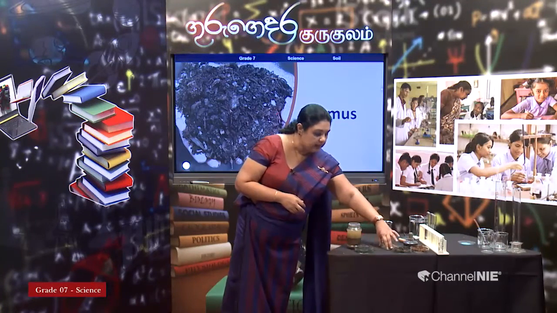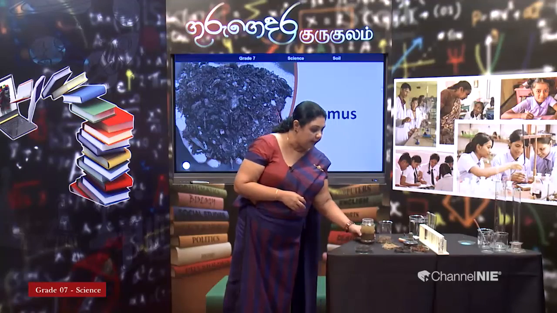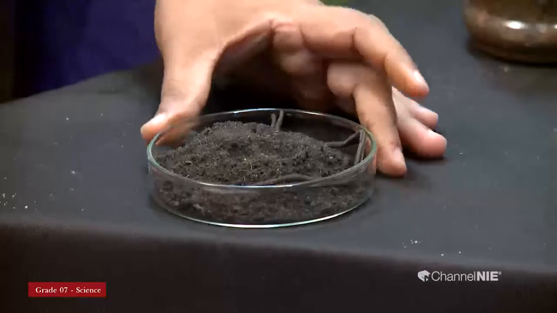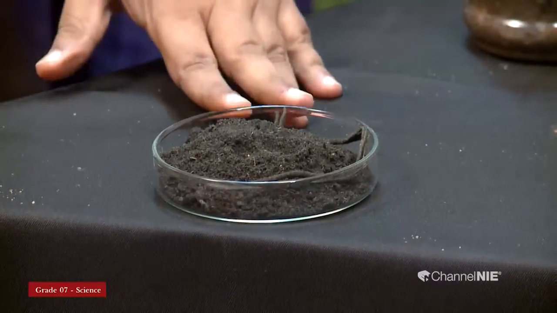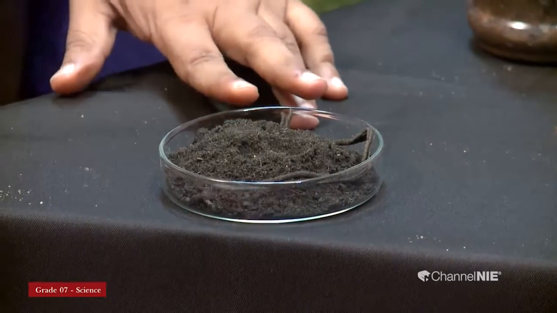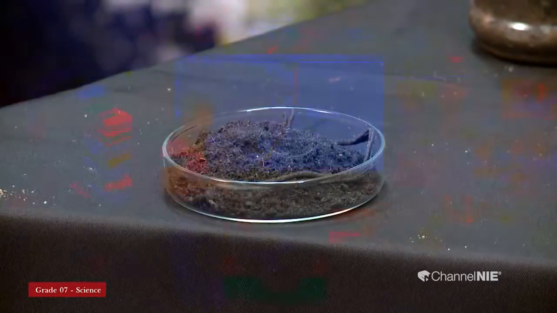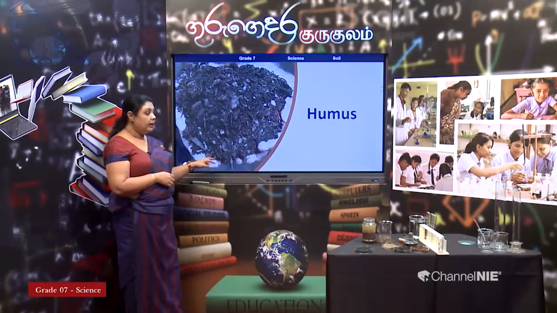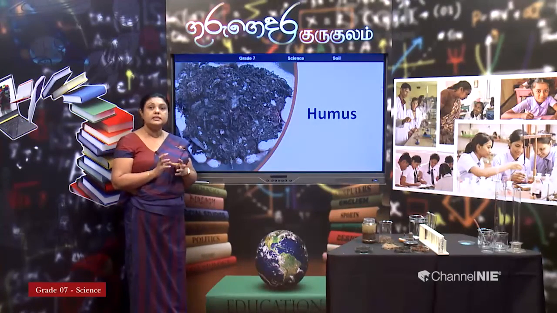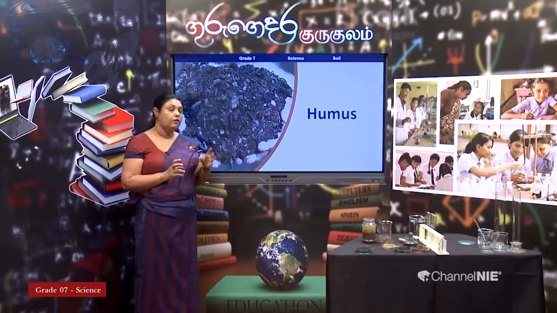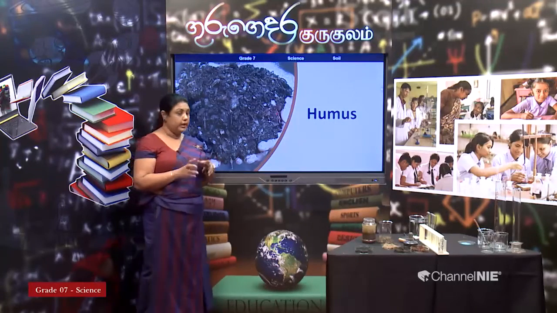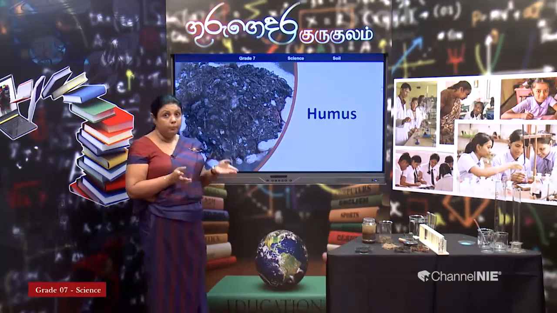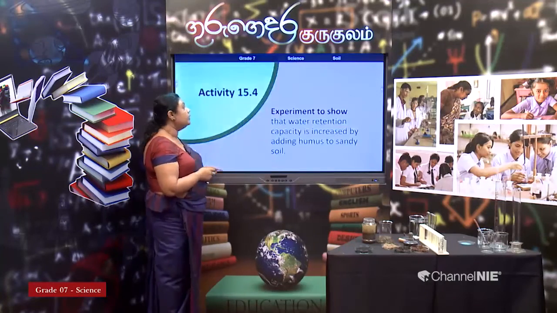You can see it is black colored compared to other colors. Why? Because it has dead material in it. Because of that you can identify this humus. This is the material which we use for the plants to grow. Time to time you can add humus to your plants for better growth.